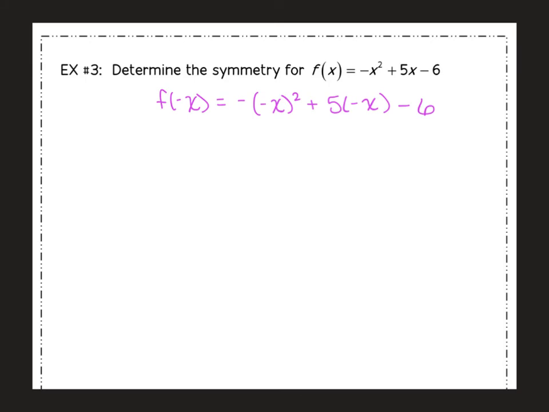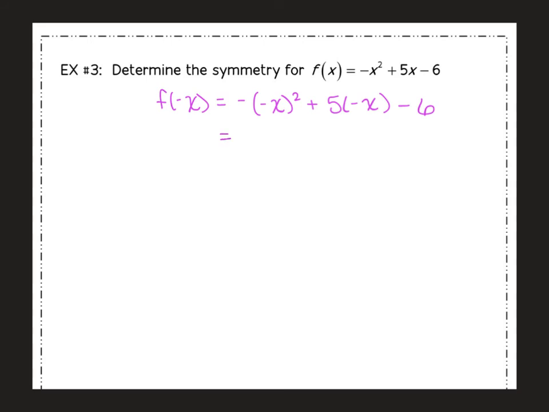So again, a major error is seeing you have a negative times a negative and making this positive, when in reality you need to do your exponent first. So do not fall victim to this easy little mistake of negative times a negative. Remember your order of operations: exponents, then multiplication.